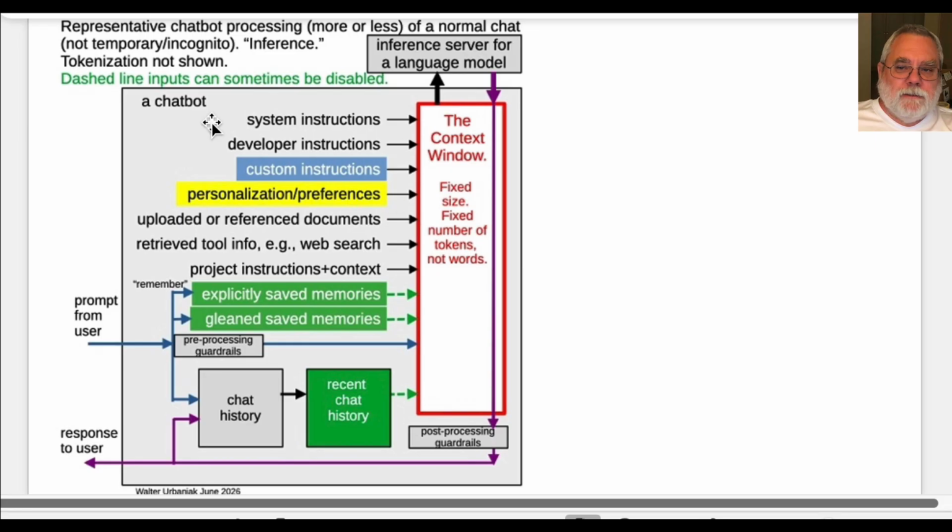The chatbot places its system instructions, or system prompts, governing instructions or base directives, into the context window before your prompt or anything else. The system instructions tell the language model how to act and respond.